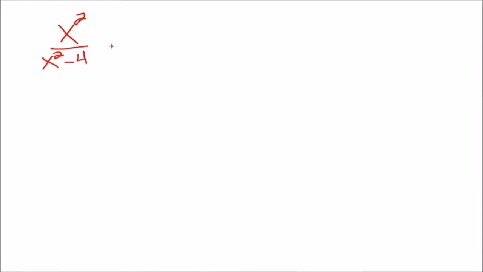And we're going to multiply that times x squared minus 5x plus 6 divided by x squared minus 3x. Alright, so there are the two rational expressions we're multiplying together.